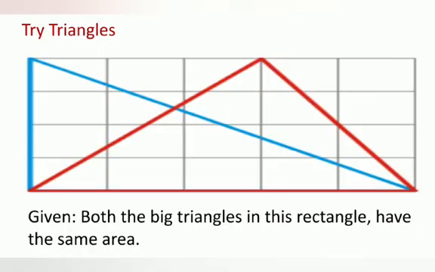Try triangles. Here you can see a rectangle having 2 triangles, red and blue color. It is given that both the big triangles have the same area.